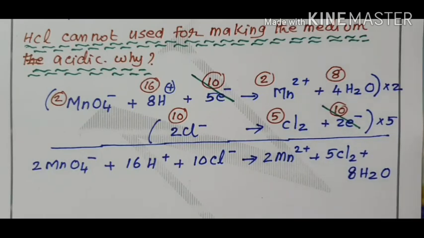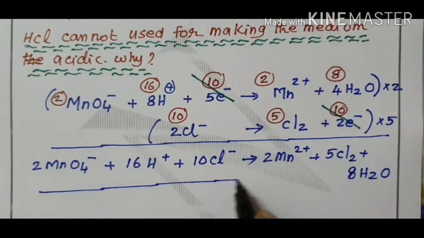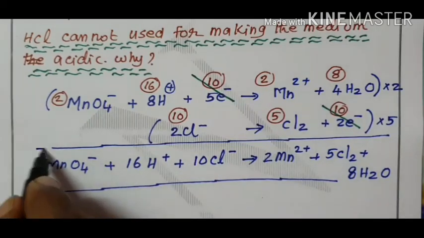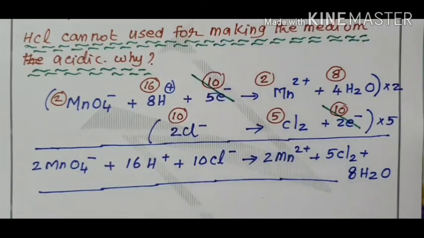Because hydrochloric acid undergoes reaction with potassium permanganate, it is not used for making the medium acidic.